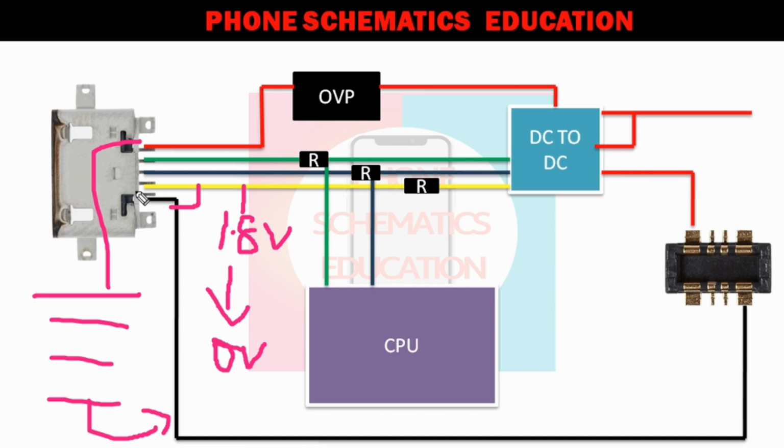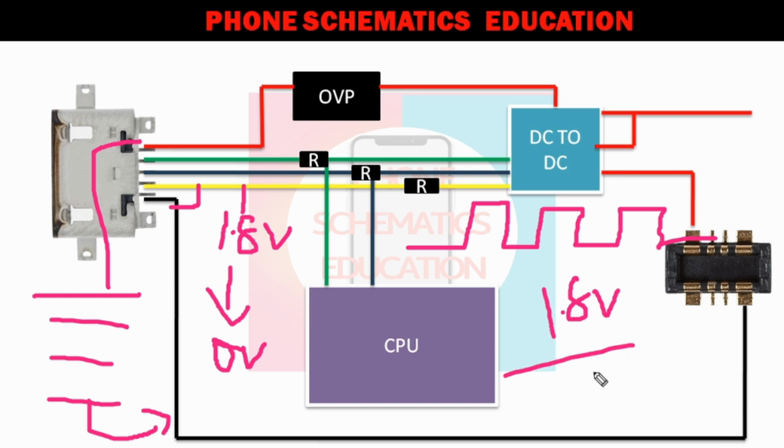Through this, when 1.8 volt goes to ground, your IC, any IC, works on a binary language like 1010, right? So first there is 1.8 volt through the IC, and now on this line 0 volt. How? Your pen drive does it. When you connect, your pen drive or OTG connects these both lines together, that's why your 1.8 volt connects to 0.